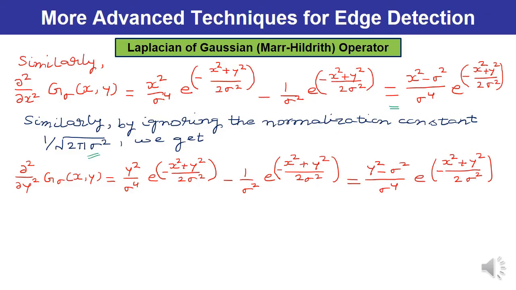Now you get the value of del square upon del y square. You just differentiate with respect to y, the second order derivative, and you get this particular value. So when you have to write down the Laplacian of Gaussian kernel, how do you write it? It is the sum of these two terms, del square upon del x square plus del square upon del y square, both differentiations with respect to x and y.